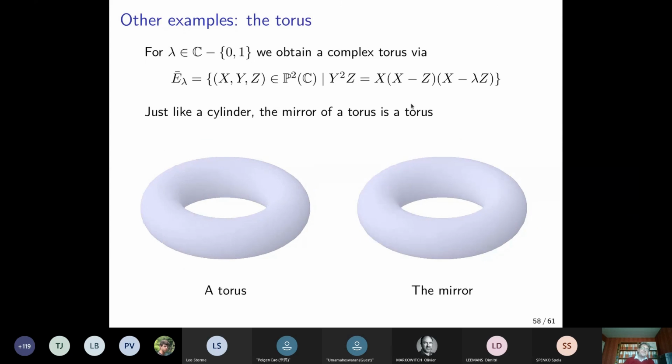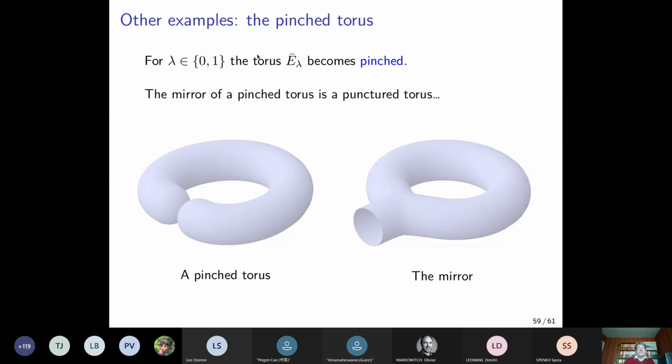Now, I already did this before, I excluded 2 points, and perhaps you were curious why I did that. Well, it turns out that if I take lambda one of those bad points, we don't get a torus anymore, but we get a pinch torus. So a pinch torus is like a torus where one of the circles has shrunk to 0 radius.